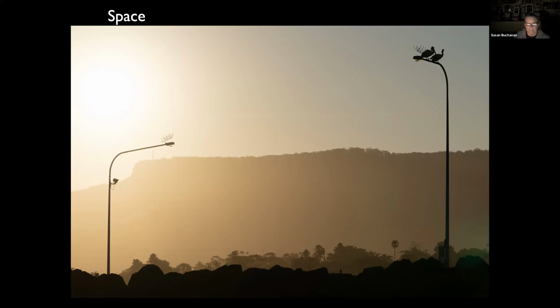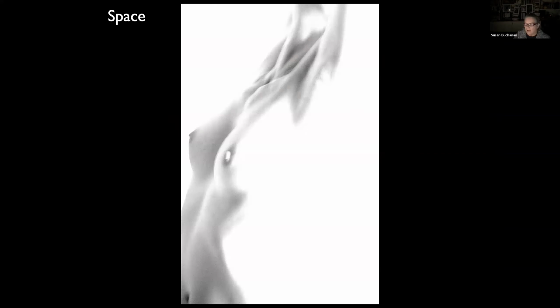elements together. Here's a more classical use of space, but not quite, a more intimate use of space, if you like. A very high key image where I've blown out all of the back of the figure and left the minimum amount that I could in the image.